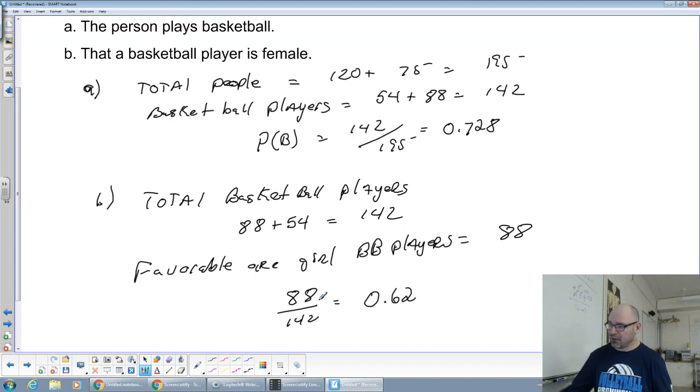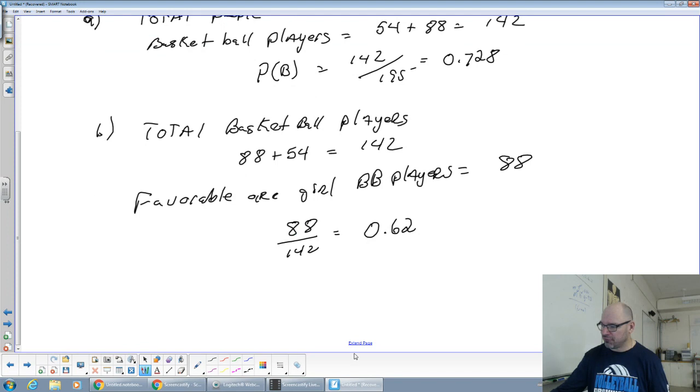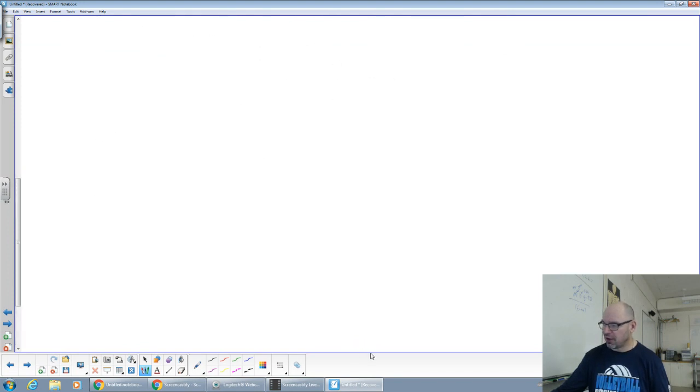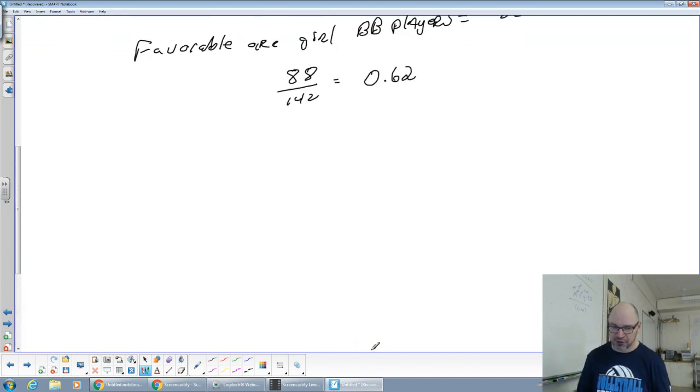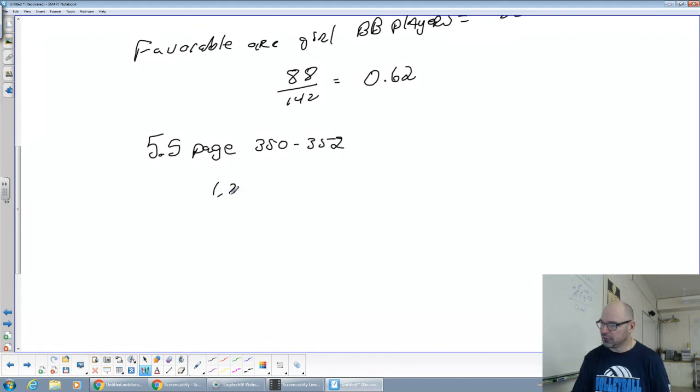Okay, so I'm going to leave you with the work period for next period on this conditional probability section 5.5. So questions 1, 2, 3, 5, 6, 8, 9, and 14.